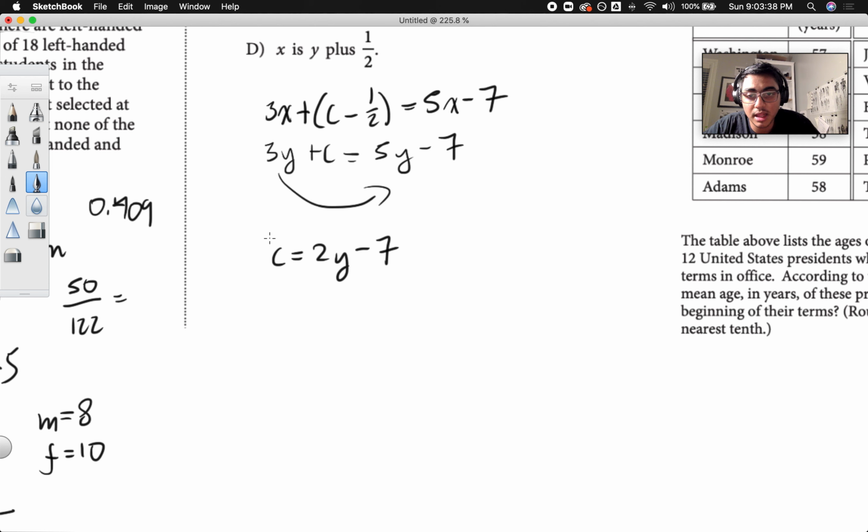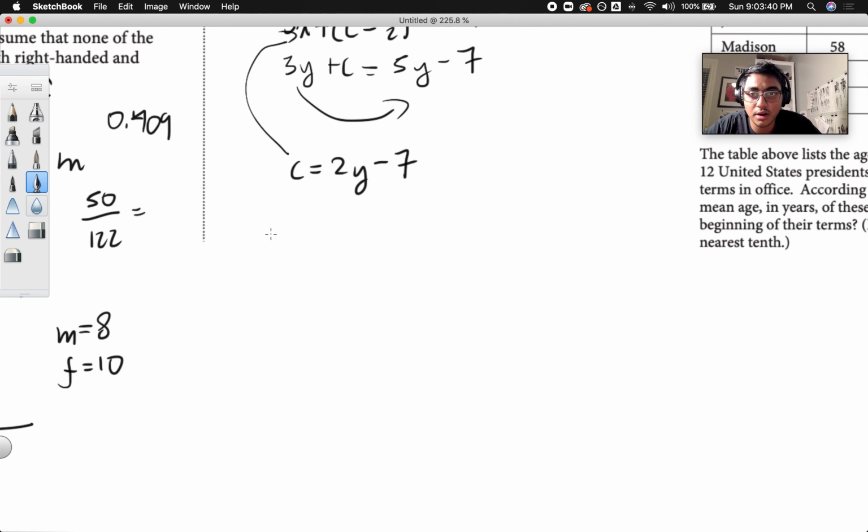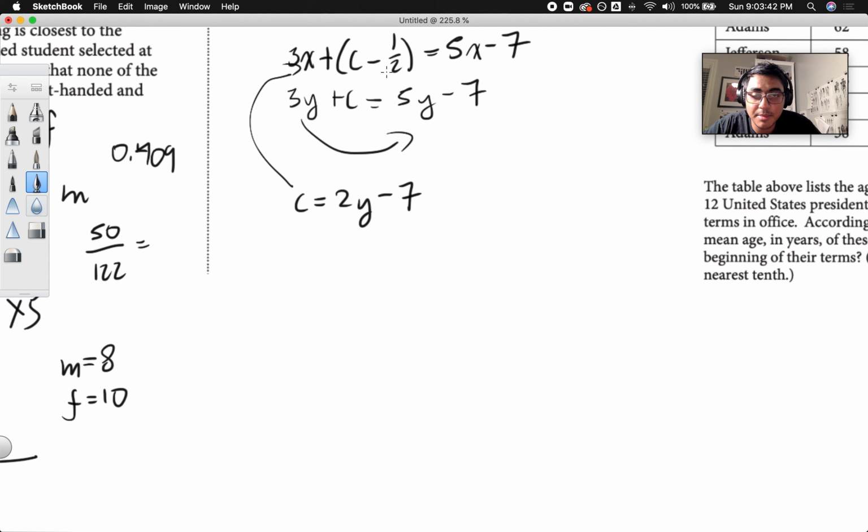Now we can plug this into this equation over here. So 3x plus C minus 1/2, so it'll be 3x plus 2y minus 7 minus 1/2 is equal to 5x minus 7.